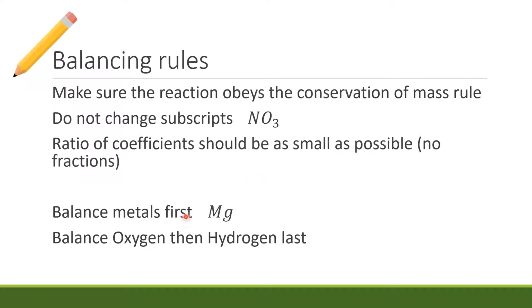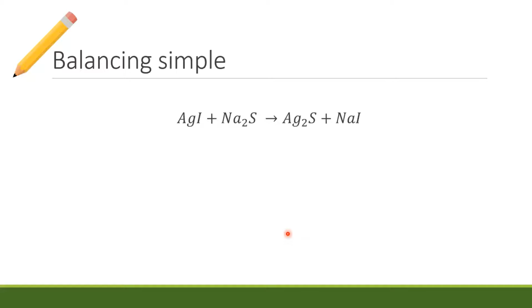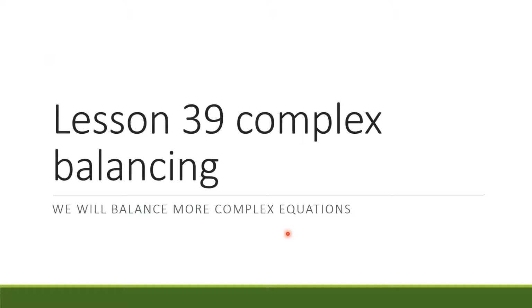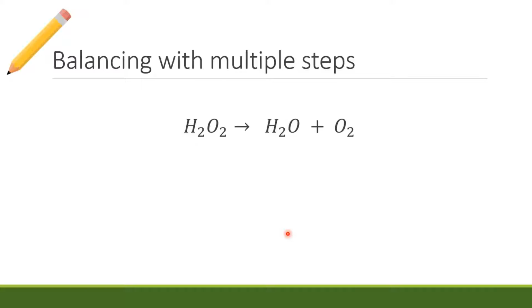You should always start with the metals first, or whatever the weird things are, and then move on to oxygen, hydrogen last, because usually water is involved, and water is not necessarily the easiest thing to balance. We balanced some simple ones, and then we went back after lunch, at the very end of the day, to balance some more complex ones.